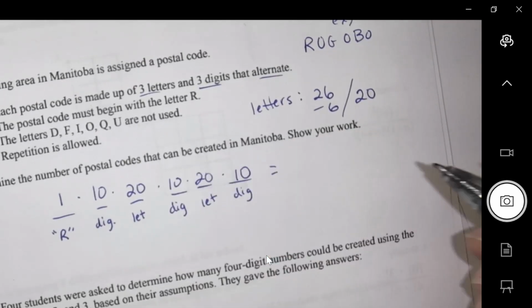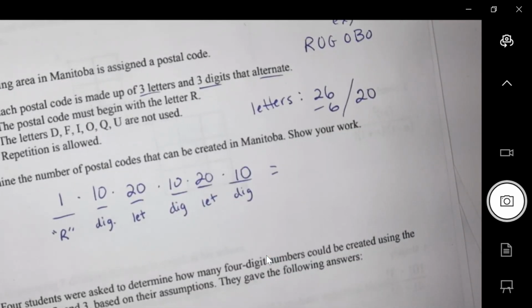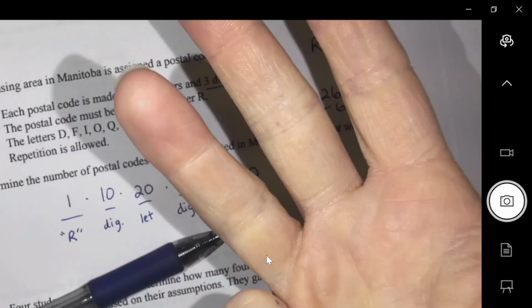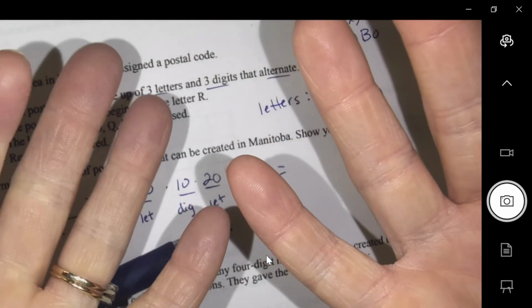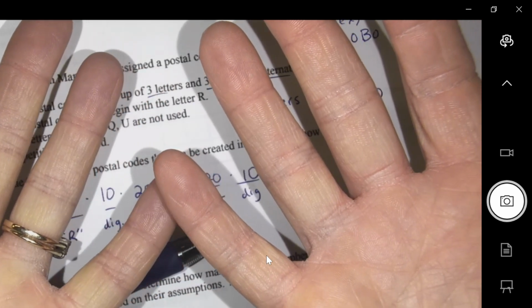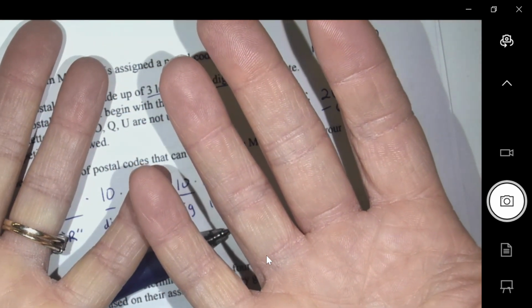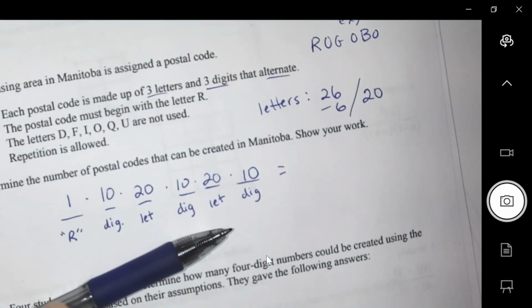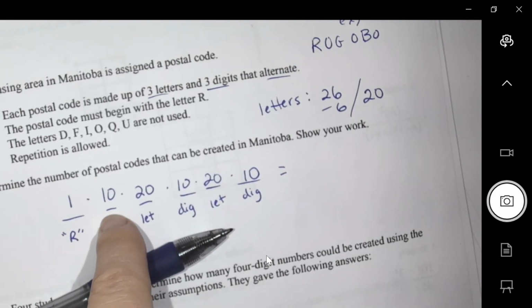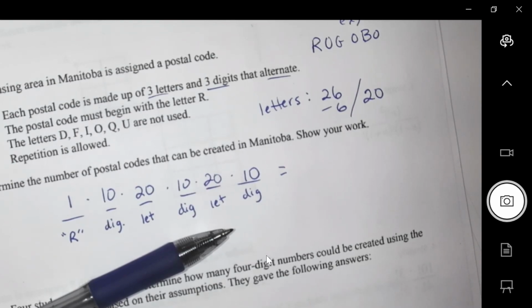Where did I get the 10? How many options are there? 0, 1, 2, 3, 4, 5, 6, 7, 8, 9. Those are my options, so that's 10. There's only one position, so if you picked 11, that doesn't fit in one position, right? A digit is just one spot.